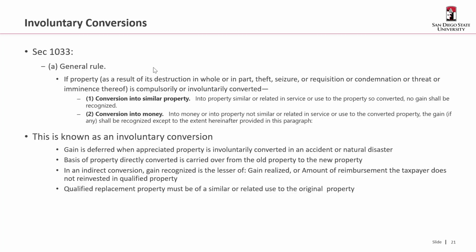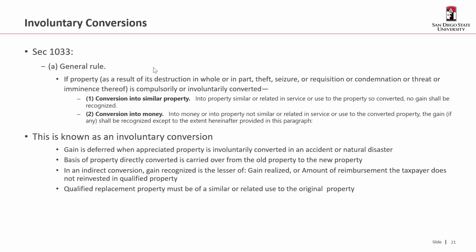Okay, this is known as an involuntary conversion. And gain is deferred when appreciated property is involuntarily converted in an accident or some form of natural disaster. The basis of the property converted is carried over, so carryover basis.